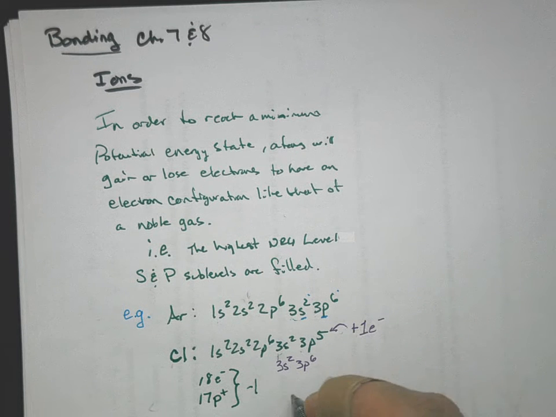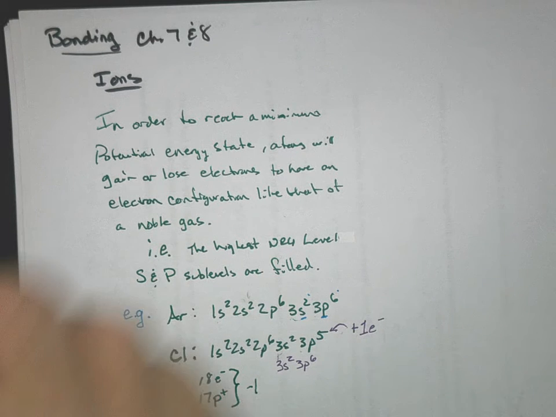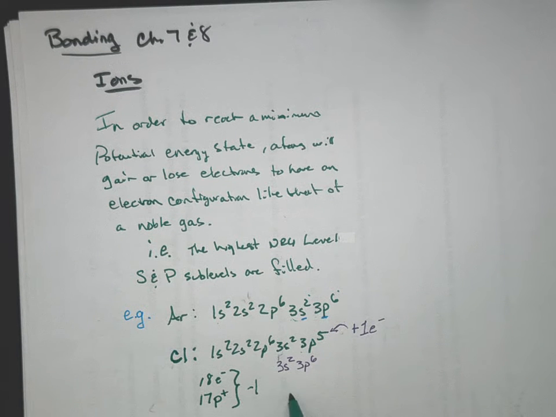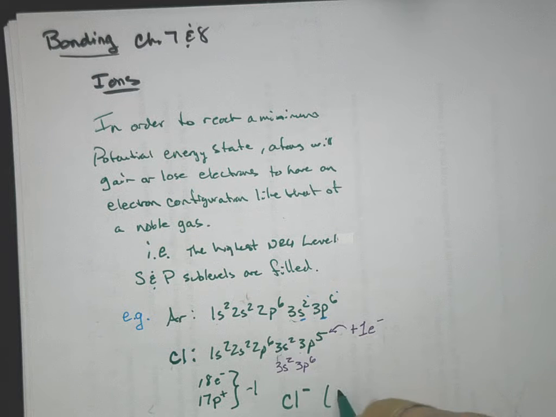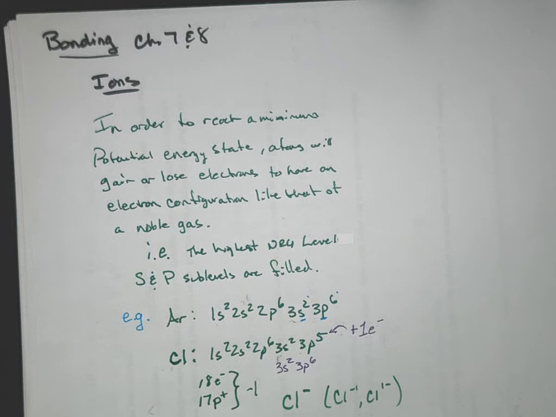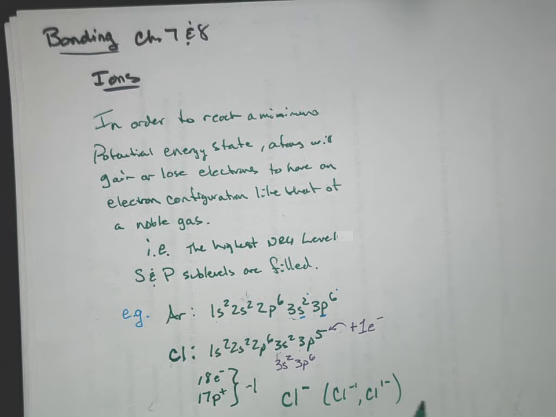So we write the ion as chlorine minus, okay, or chlorine -1, or chlorine 1 minus. But you usually, it's kind of like writing 1x in algebra. It's kind of redundant, right? So you just write the minus. Okay.